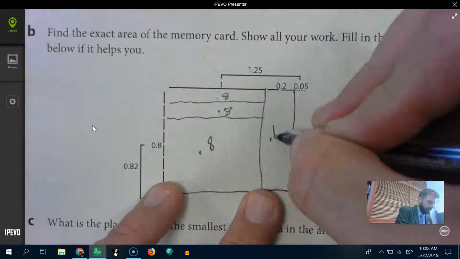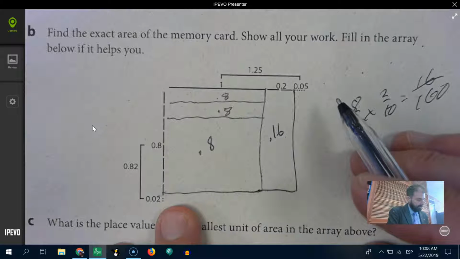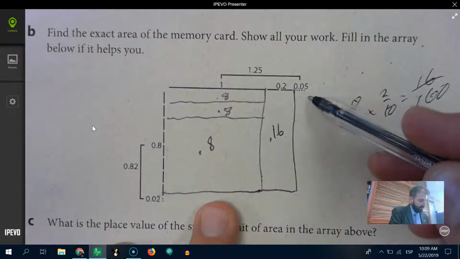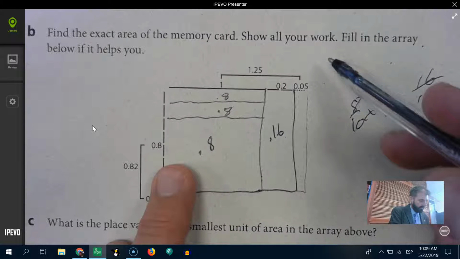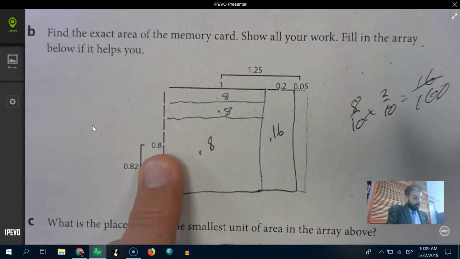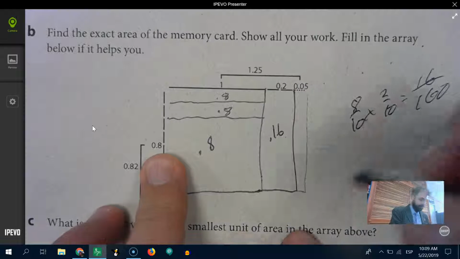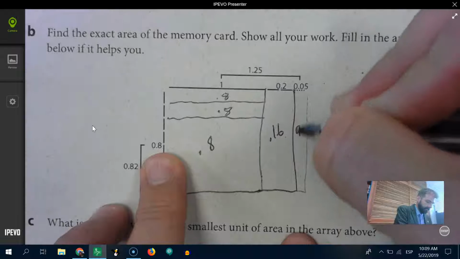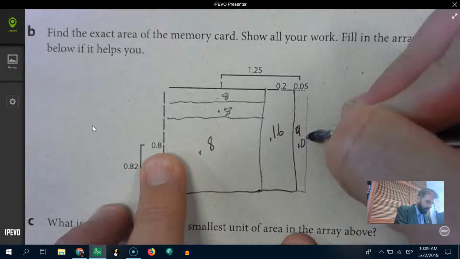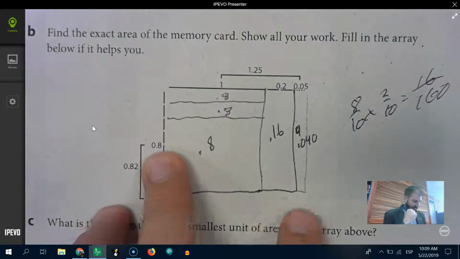So this is 0.16. And then we have 0.05 by 0.8. So it'd be 8/10 times 5 hundredths, so that'd be 40 thousandths. 0.040. 40 thousandths.